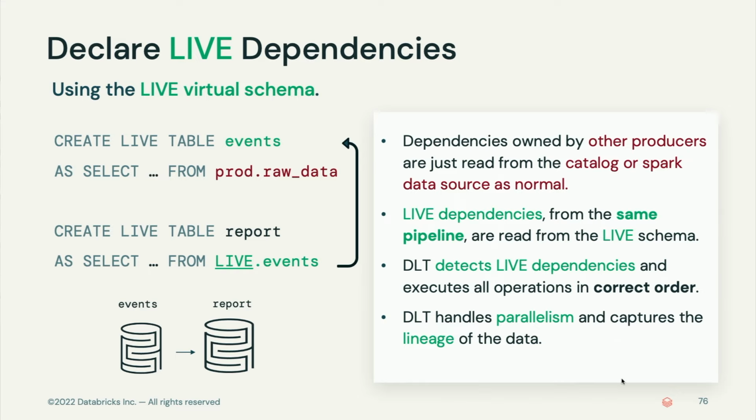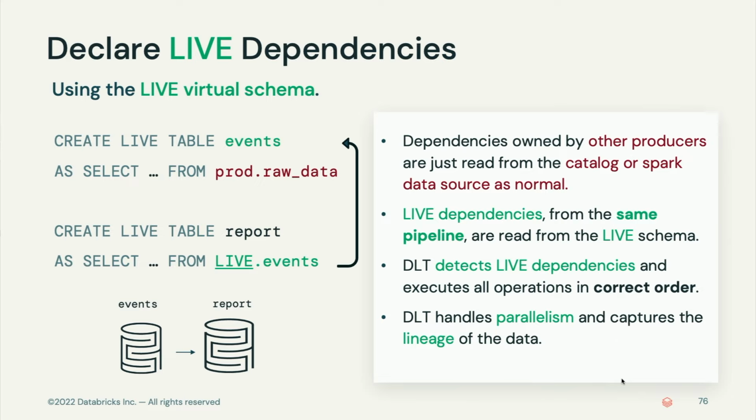And a key idea of pipelines is this idea of live dependencies. So if you're reading a table from outside of the pipeline, you just read it like normal. Select star from catalog, however you're going to do it. But when you're reading a table from within the pipeline, you want to make sure you're getting the right copy. If I'm in development, I want to read the development copy. If I'm in production, I want to read the production copy.